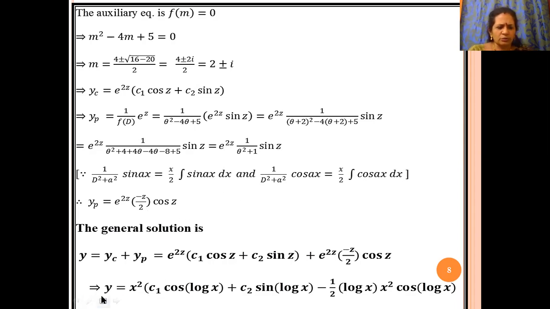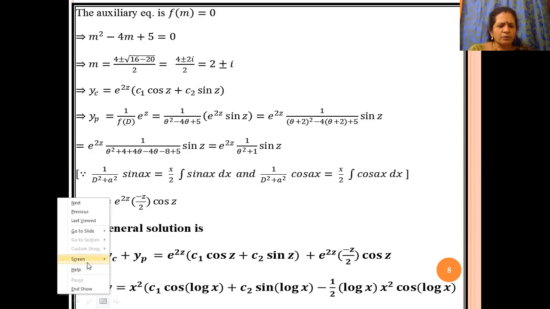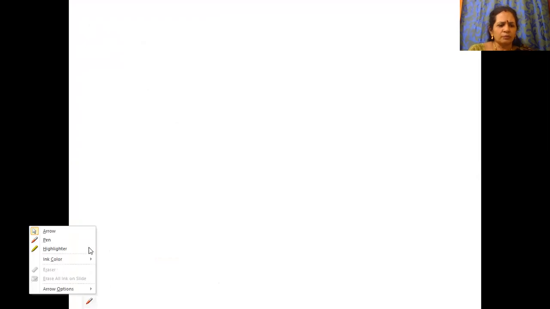I will show it on the board and use the pen also. So what is given here, e power 2z, we keep as it is. Now what is the functional value? We have the integral of 1 by theta square plus 1 into sine z. Here b is 1, right?